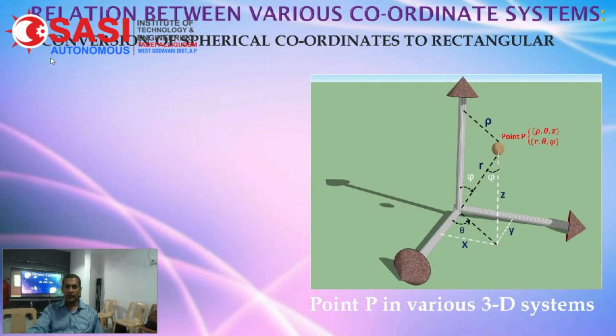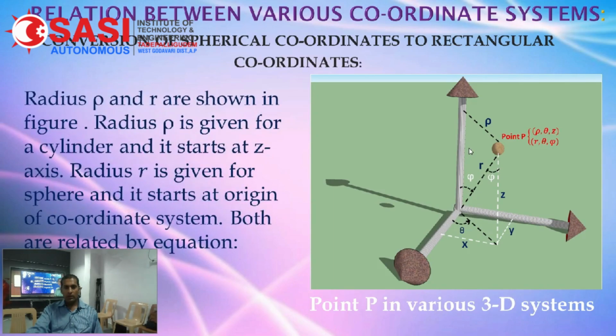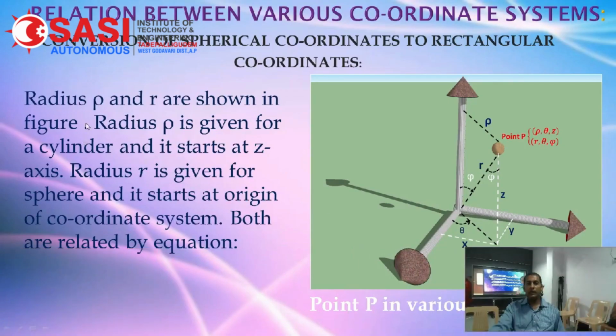So we can see conversion of spherical coordinate to rectangular coordinate. What we have to check: radius rho or r are shown in the figure. Rho is for a cylinder and it starts at the z axis, and radius r is given for a sphere and it begins at the origin.